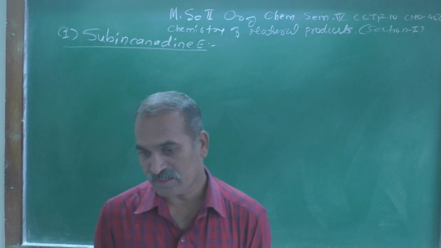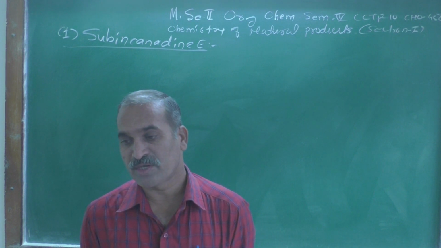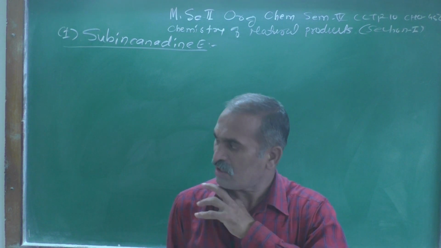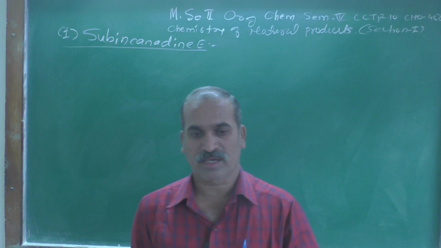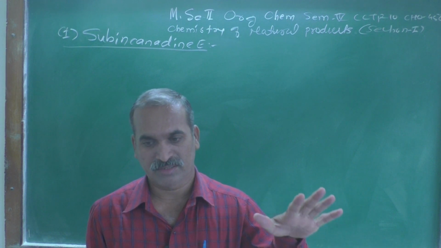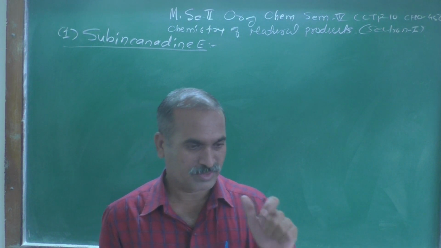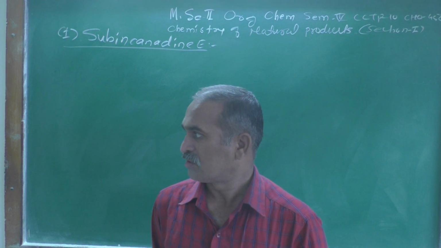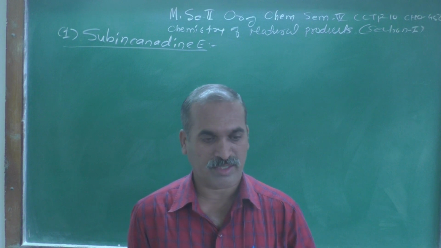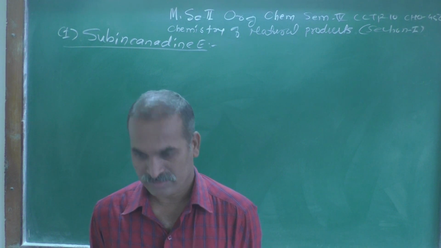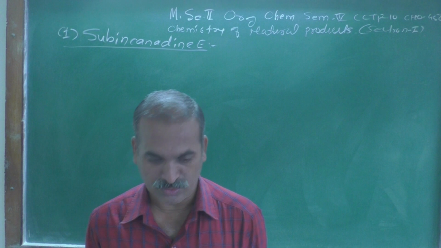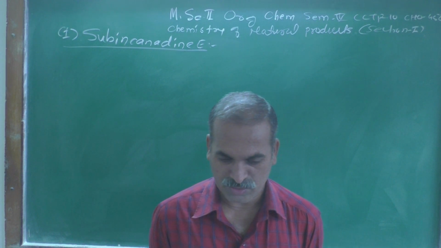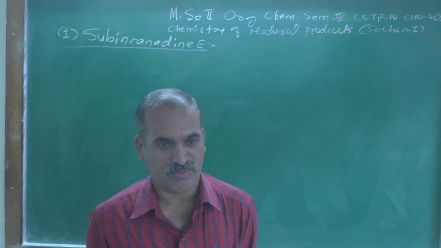And then after that there is configurational isomerism. Configurational isomerism means the rotation of the carbon-carbon double bond is restricted, due to the presence of the carbon-carbon double bond, and the isomerism that gives rise to is known as configurational isomerism.